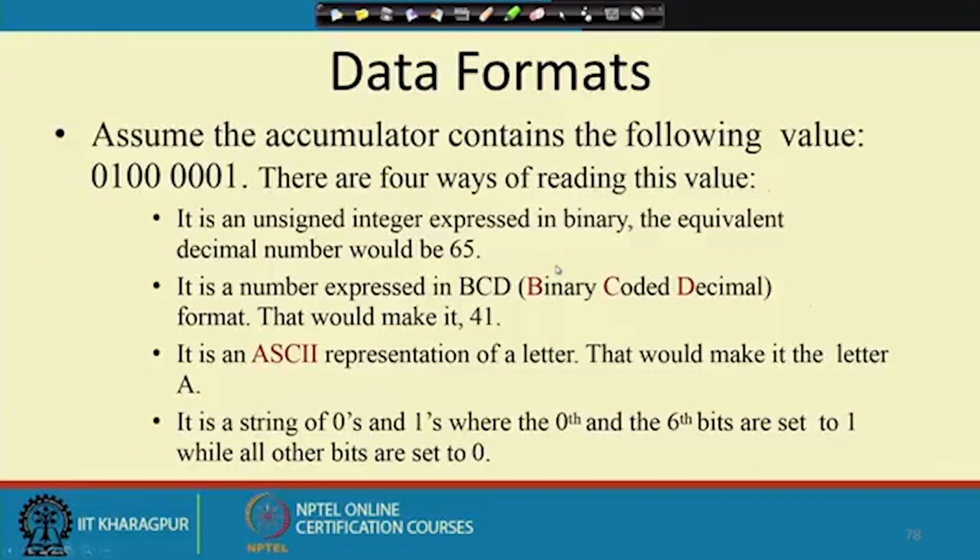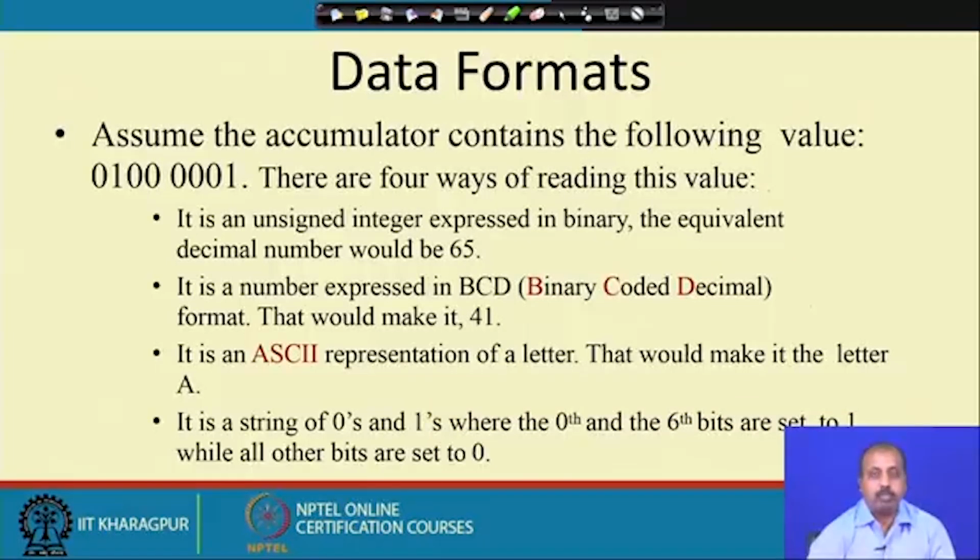For example, suppose the accumulator has the value 0 1 0 0 0 0 0 1. If it is an unsigned integer expressed in binary, this is equivalent to 65. Now, if you are interpreting it as a BCD number, binary coded decimal number, then as I said, each 4 bits constitute 1 digit.